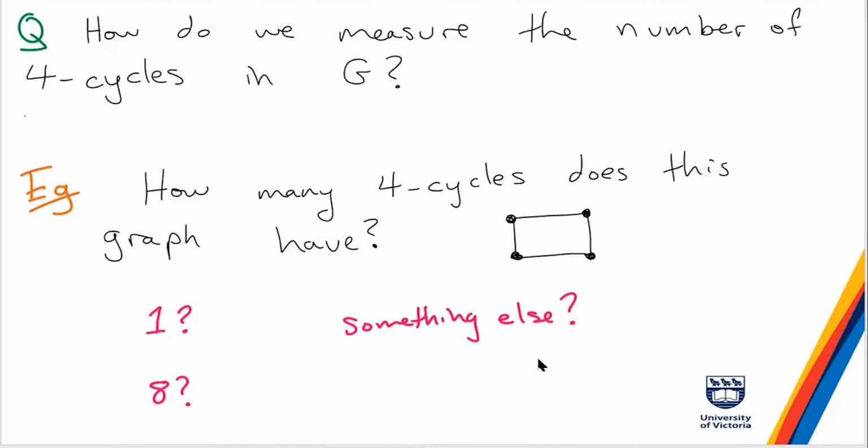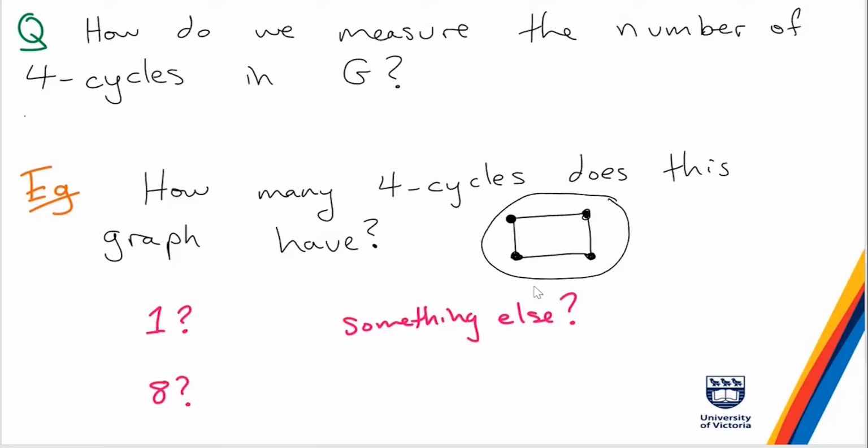In particular, how many 4-cycles does a 4-cycle have, right? This has different answers depending on what you mean by a copy of a 4-cycle. In some sense, you would say that a 4-cycle has only one copy of a 4-cycle, just itself.